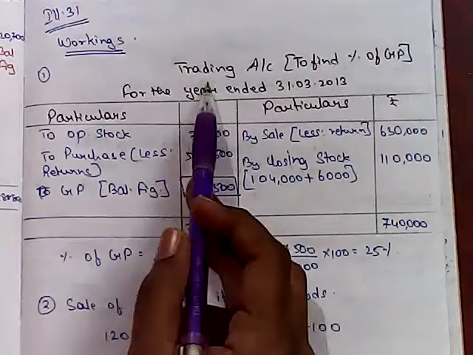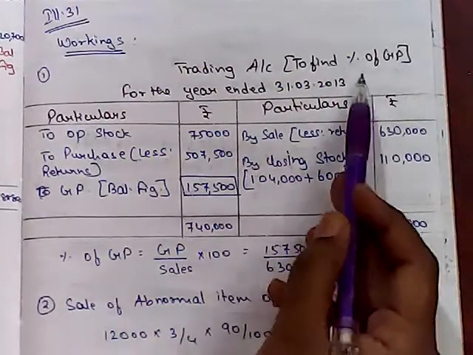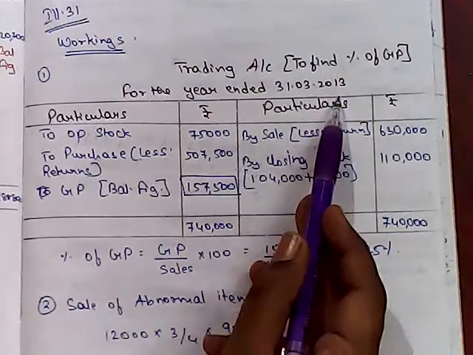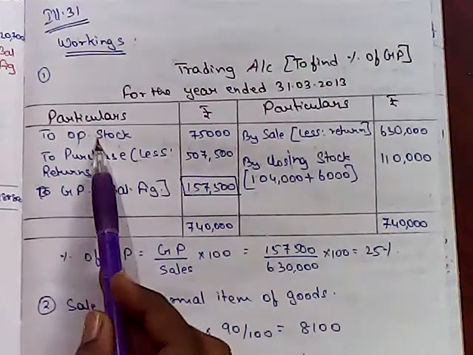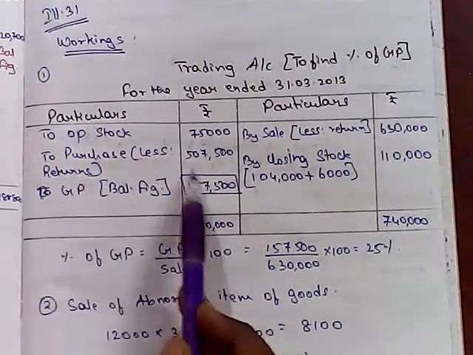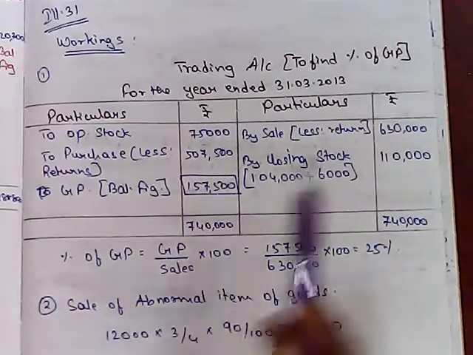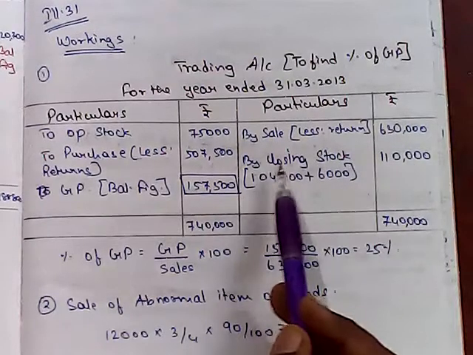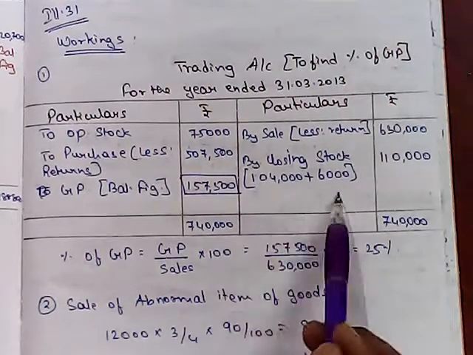So first is trading account to find the percentage of gross profit. So for the year ended 31/3/2013, to opening stock in the debit side, to opening stock 75,000, to purchase less return, which is 5,07,500. Credit side we have by sale, which is 6,30,000. So by closing stock it is 1,04,000 plus 6,000.